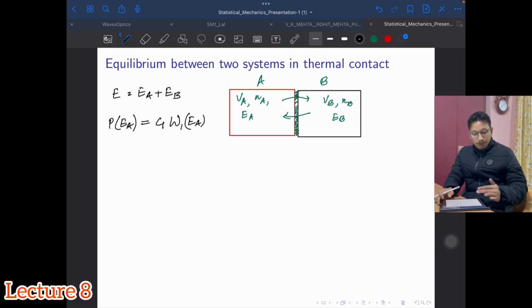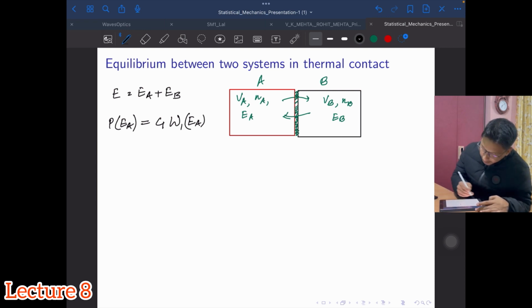Okay, so this is given by this particular formula, and the probability of system A having an energy EA will be decided by the number of microstates at that particular energy. Okay, similarly for system B we can have the probability of system B possessing EB will be equal to, let's say, some other constant C2, and then W2 of EB.